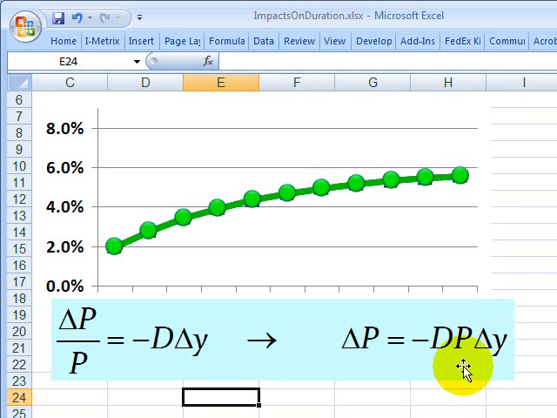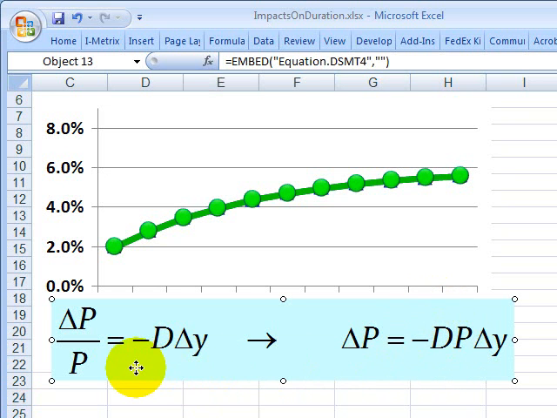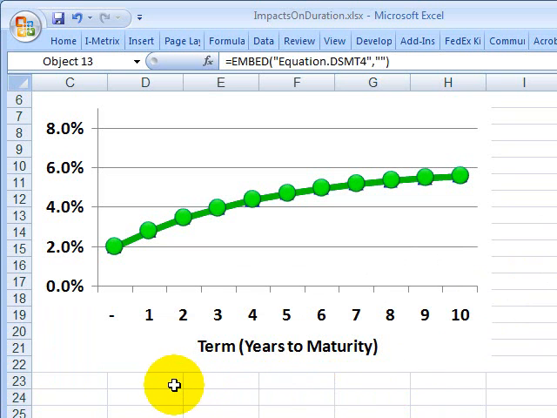However, it's a single factor model, so this is its limitation. Technically it's a first order partial derivative, but it's a single factor model, and the reason we use it and like it is that it's very convenient to be able to summarize the single underlying risk factor in duration. However, we know at the same time that's not realistic.